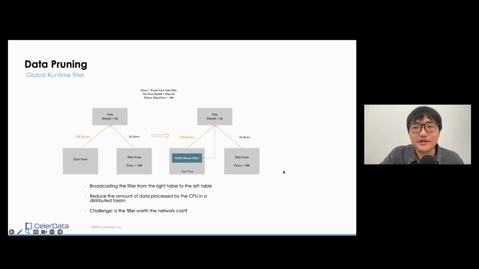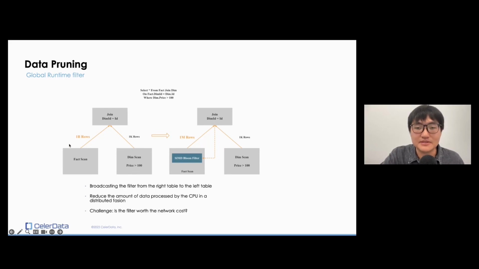Okay, so we have a query here. Select all from fact table, join dimension table on fact.dimension ID, and so on, right? And the predicate is on the dimension table, and it's price greater than 100, right? And without a runtime filter, how would you normally run it, right?